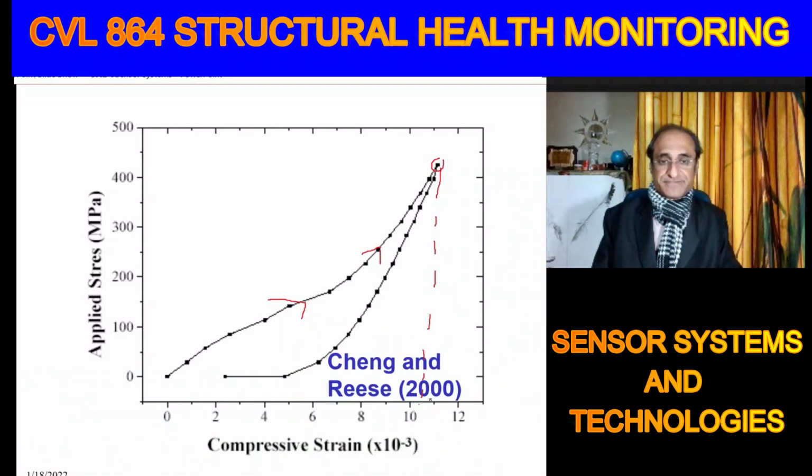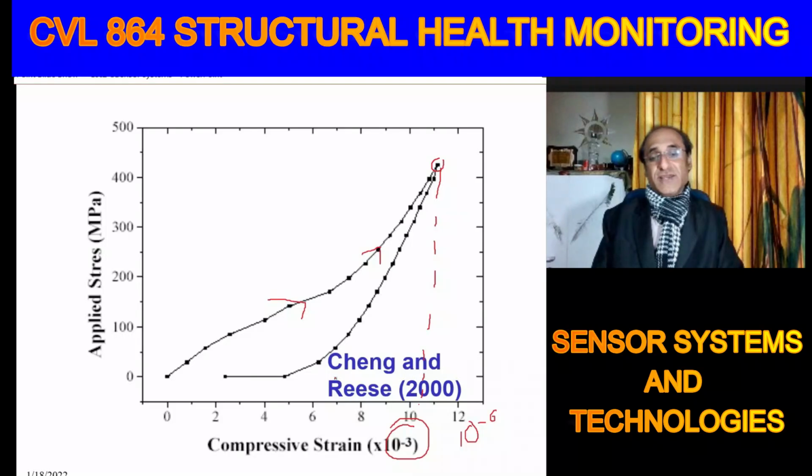How much is it? It is 10,000 microstrains. Because if you convert into microstrains, meaning 10 to the power minus 6, you will have to bring 3 more zeros, so it will be 10,000 microstrains.